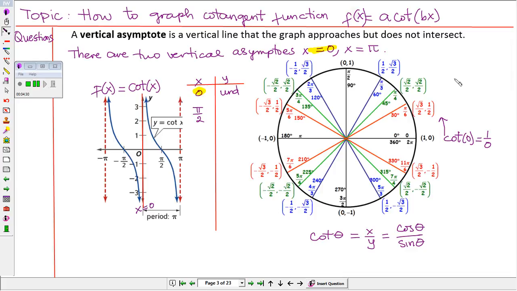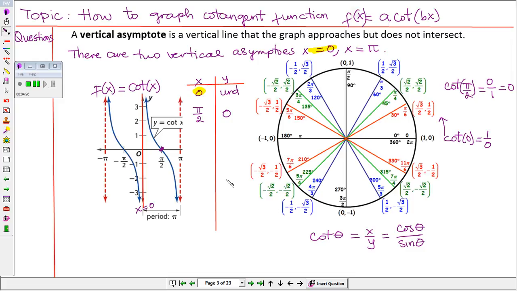Cotangent of pi over 2, or 90 degrees, is again x divided by y, so 0 divided by 1 equals 0. So cotangent of pi over 2 is 0, and we plot the point pi over 2, 0.